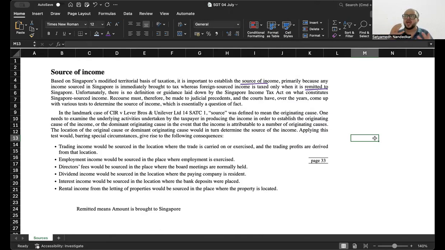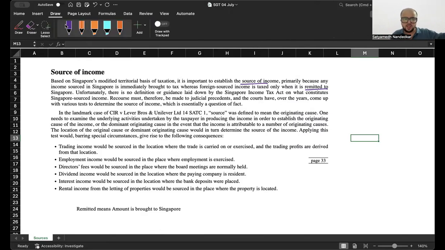And then what you will have to do is go back to any judgments made in the High Court, the Supreme Court, the District Court, and compare the facts of your case with the facts of the already decided case. And then you will have to see whether the facts of your case are similar to those.